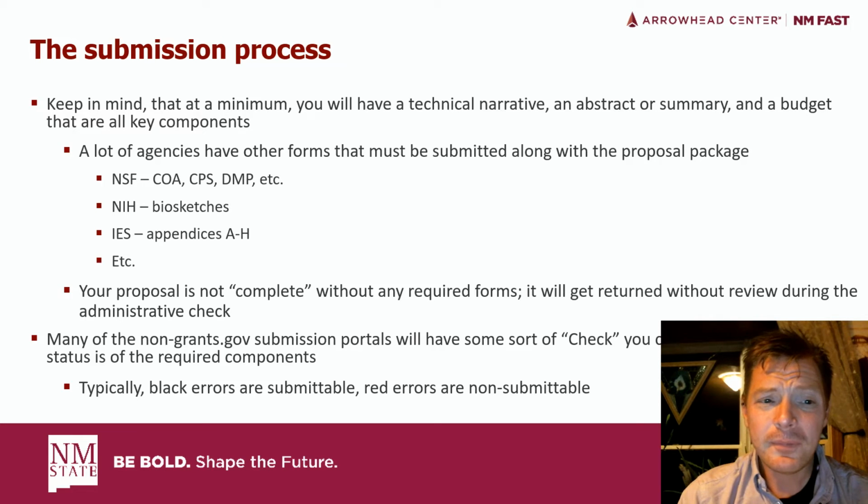For even Institute of Educational Sciences, although you're emailing that package off, in the solicitation, they have appendices. The latest numbering is A through H, but that has changed over time, so don't take that as a fact. But there are going to be some appendices you have to fill out.